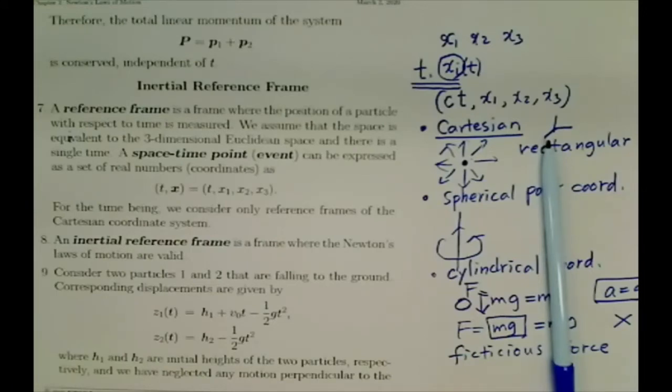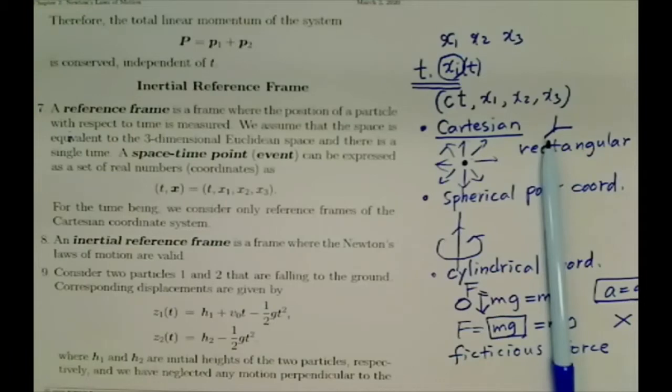But actually, there are infinite possibilities of choosing a reference frame. So the choice of inertial reference frame requires that, under that coordinate system, the physics law is described well.